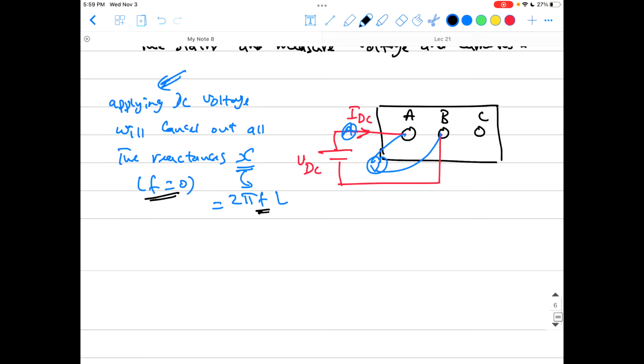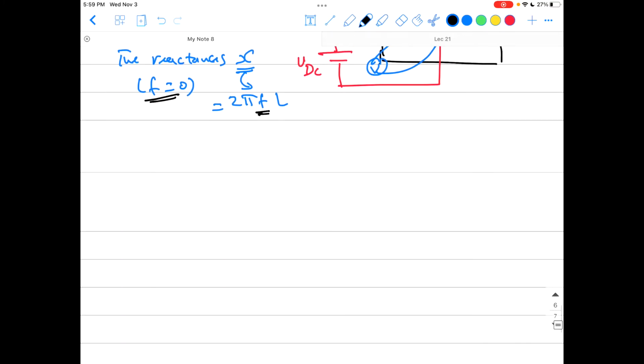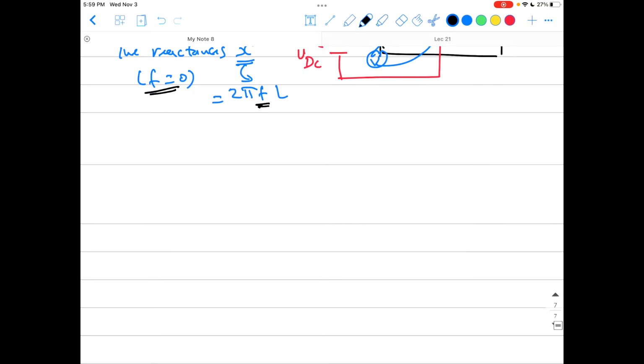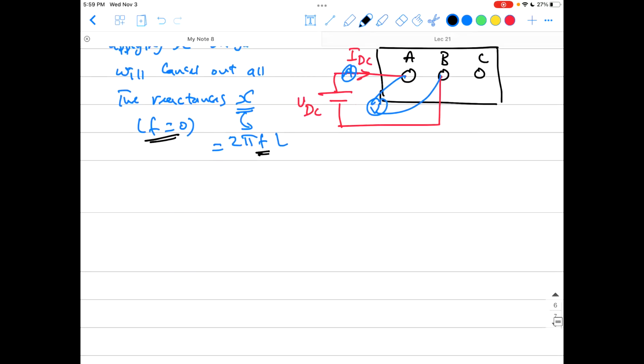So now we have VDC and IDC just measured like this, and what's after this? So you find from those guys the measured R. So R measured equals VDC over IDC.